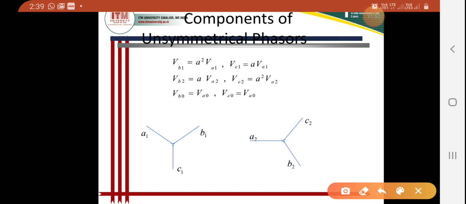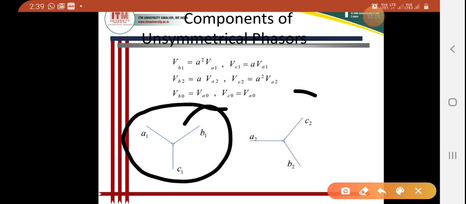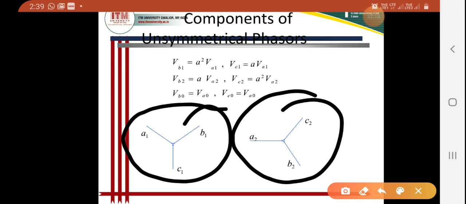Now coming to the brief description about our symmetrical components, which is for unsymmetrical phasors. Here, this is our positive phase sequence component and this is our negative phase sequence component. Suppose I want to talk about the voltage now.